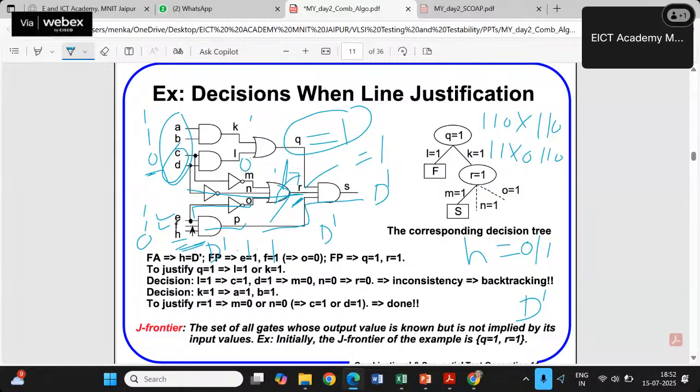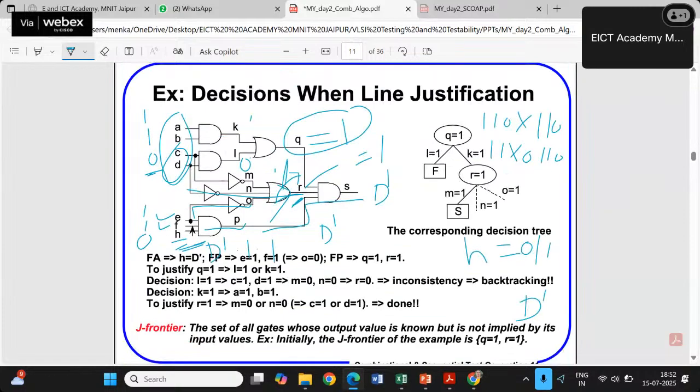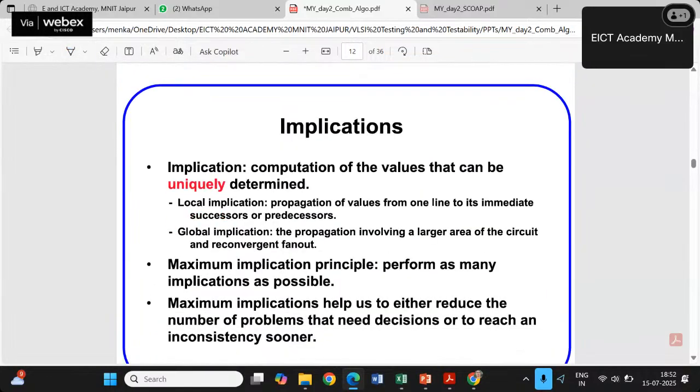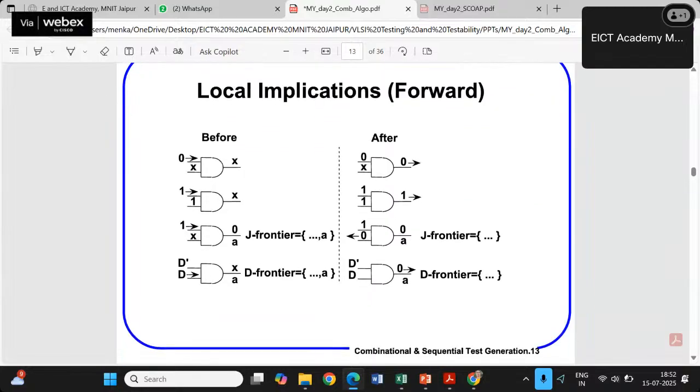So there are different algorithms, and one such algorithm is the D algorithm. I'm skipping the implications, we have already done them. Local and global implications are the things. Local implication means just before or after that, what I should get. Global means, let's say at some other branch you have something and how it is going to impact the input or output.